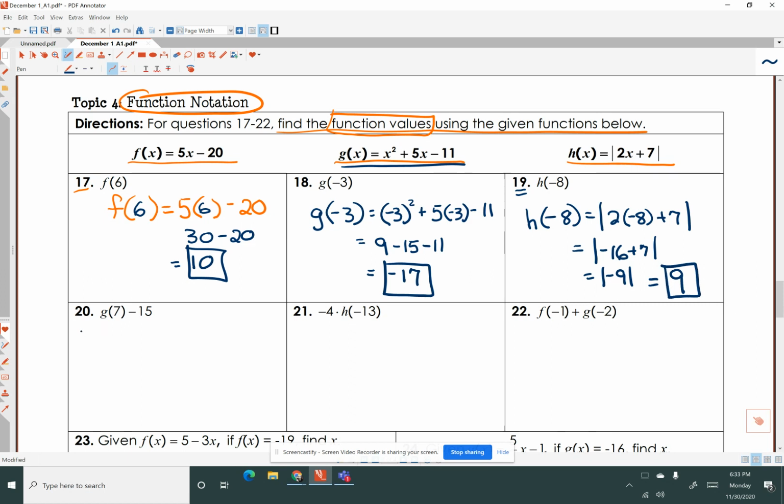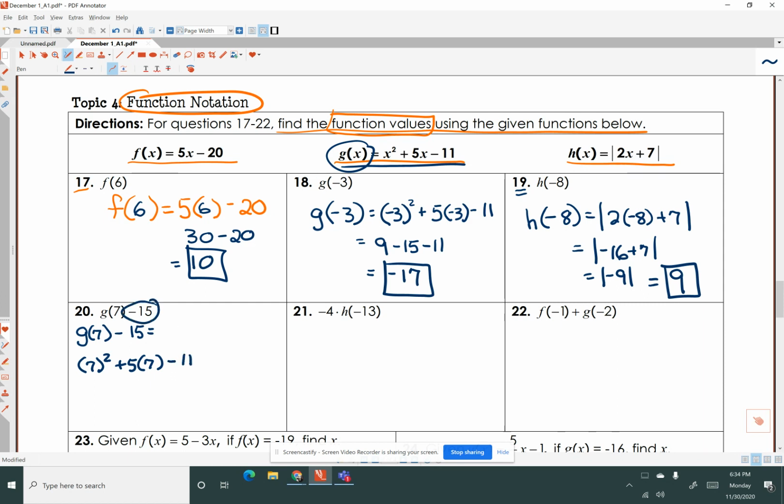Now we're asked to find g of 7 minus 15. So we go to our g. So g of 7 is 7 squared plus 5 times 7 minus 11.